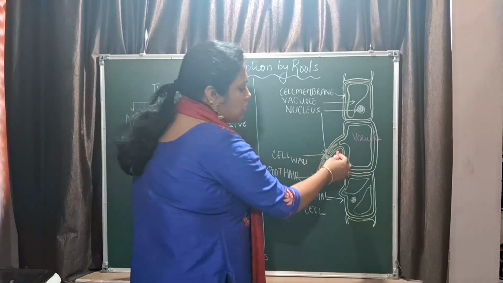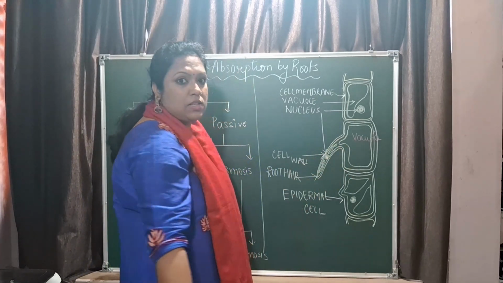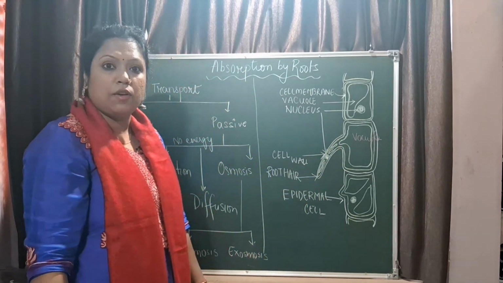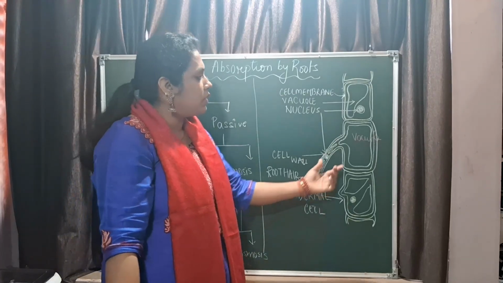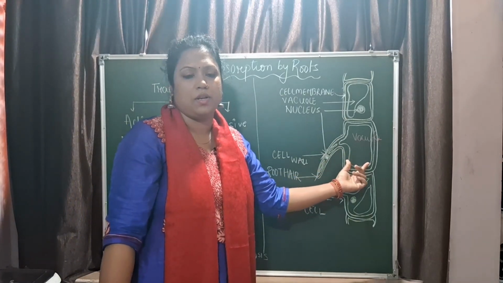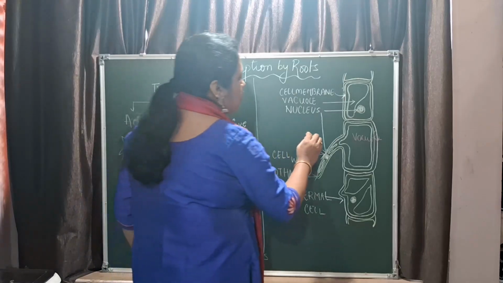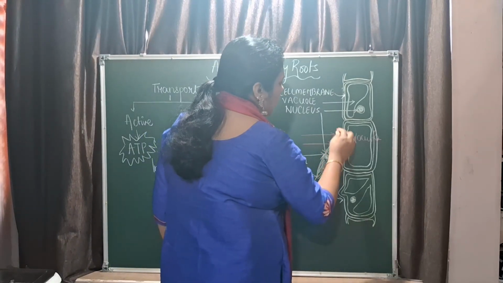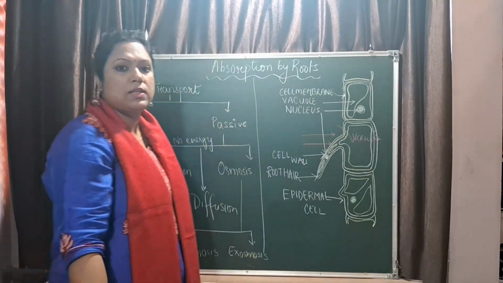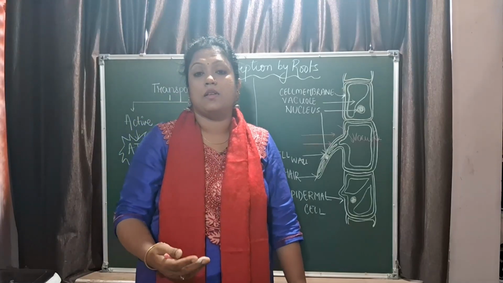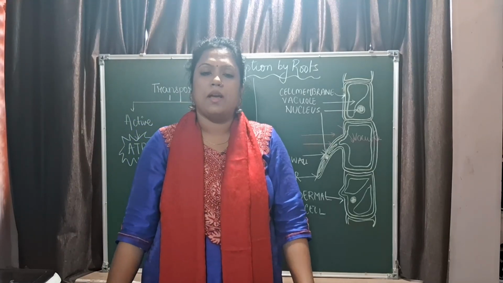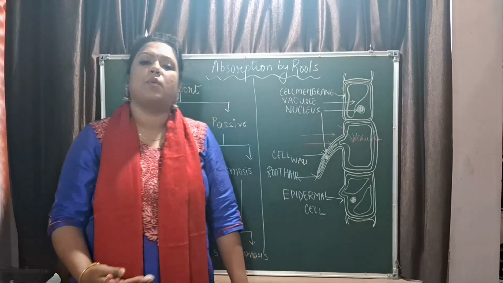And it also shows that it's a unicellular extension to increase the surface area for absorption. Moreover, the sap is highly concentrated. So the movement of water is always from the soil into the root cell. A type of special characteristics that the root has so that it can absorb water.